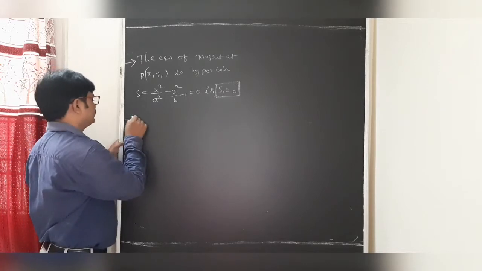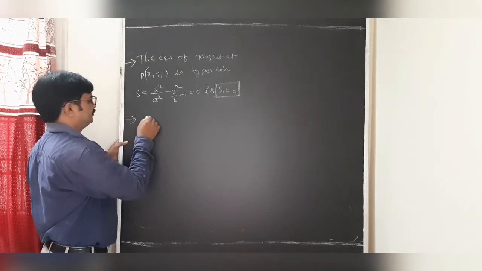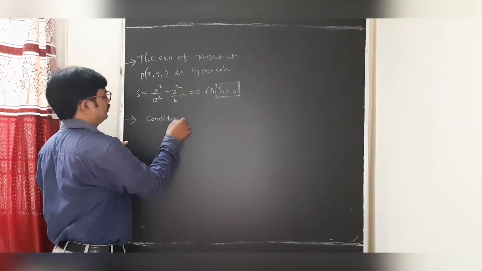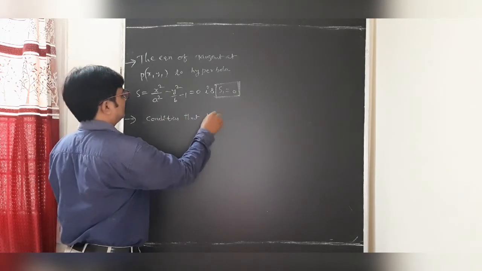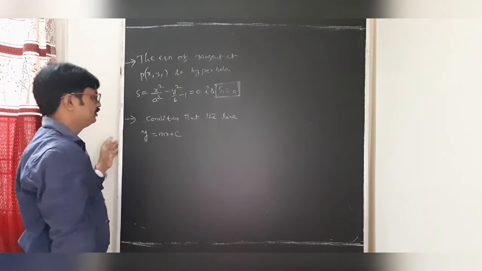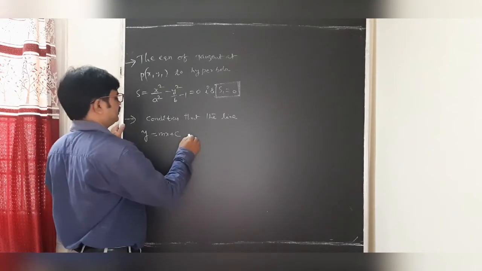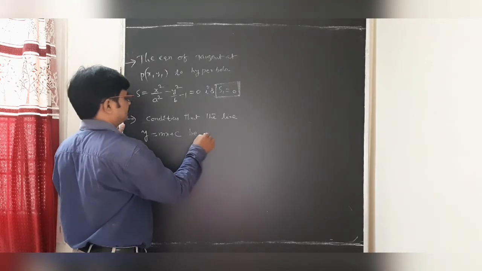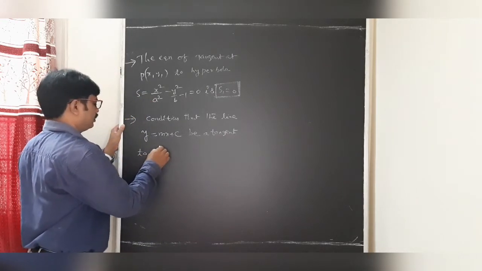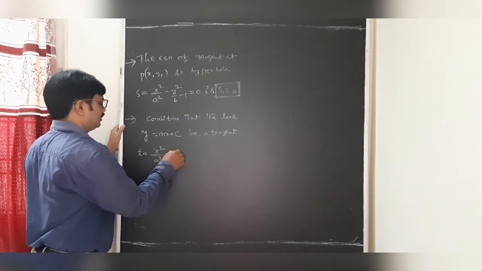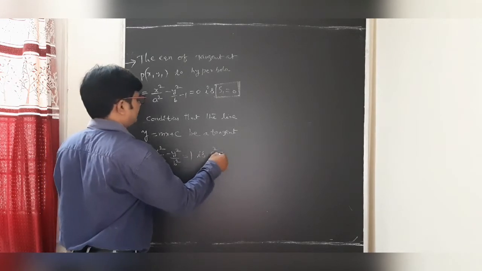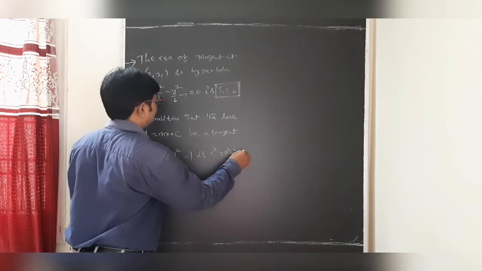The condition that the line y equal to mx plus c be a tangent to the hyperbola x square by a square minus y square by b square equal to 1 is c square equal to a square m square minus b square.